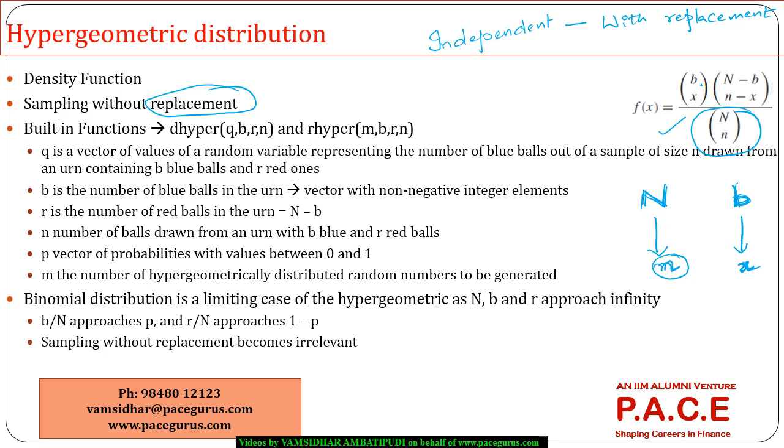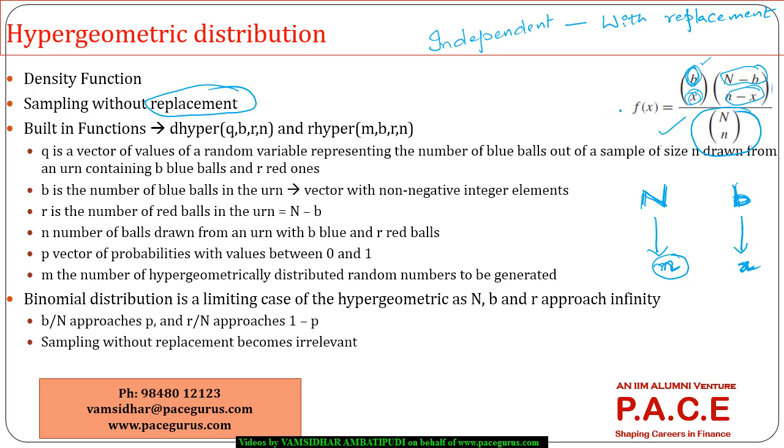Now when I am talking about successes, overall there are only b successes, out of which I require x of them to be picked, which can be done in b choose x ways. And since I am pulling only x of the b successes, out of the remaining N minus b, I have to pull the remaining n minus x elements.